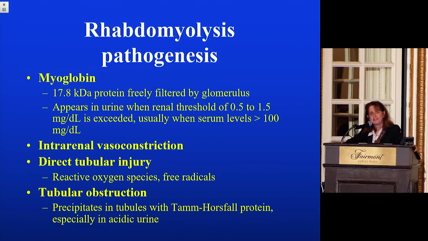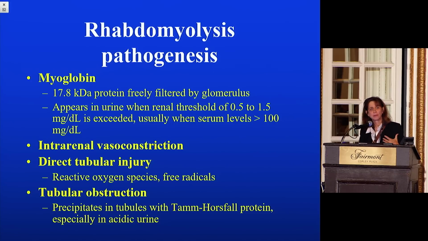And the data from this are very old data from the 70s to 80s when they actually measured this. Urine is visibly dark when myoglobin is present at a level over 100 milligrams per deciliter. It appears in the urine for a very short period of time. Like the gentleman I described to you, it was gone and cleared within hours.